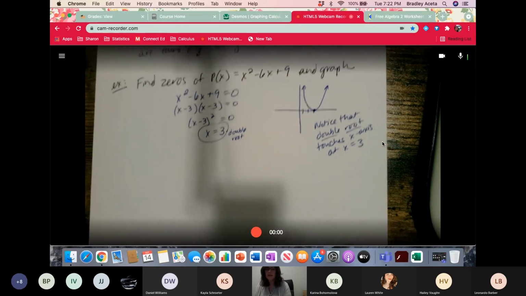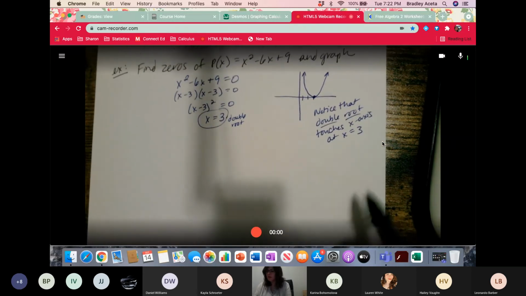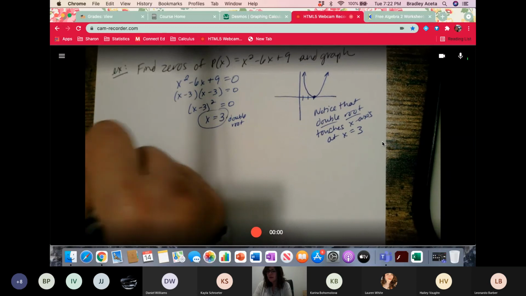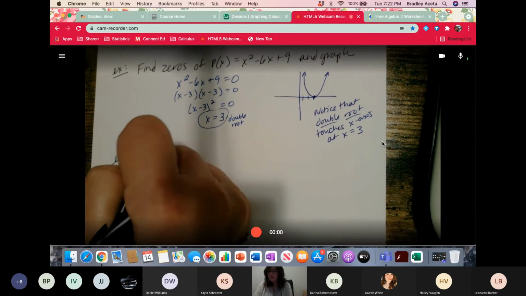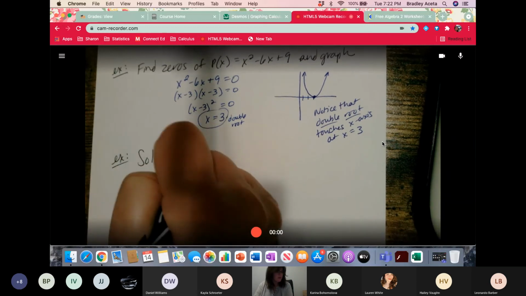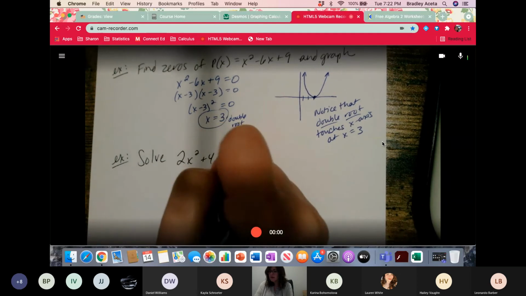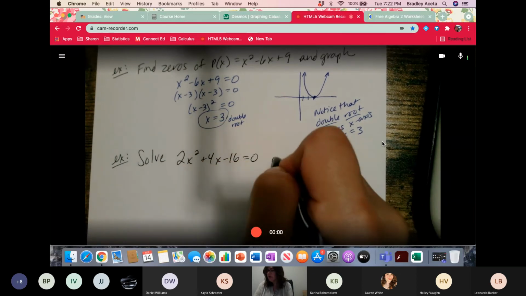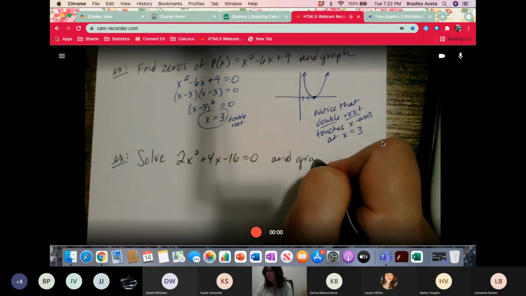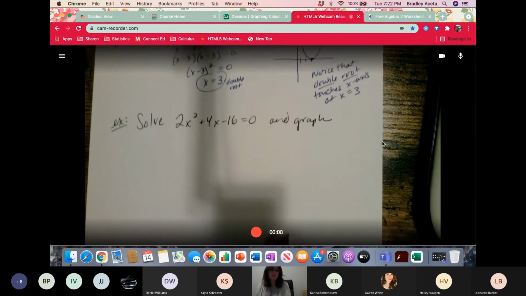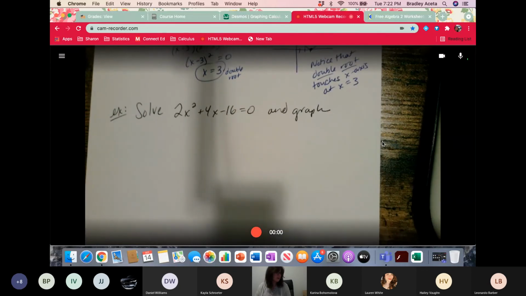What if they said, and again, it's all about changing words, but it really just means the same thing. What if they say, hey, solve 2x squared plus 4x minus 16 equals 0 and graph? Okay, so not bad. My first nature is to factor.